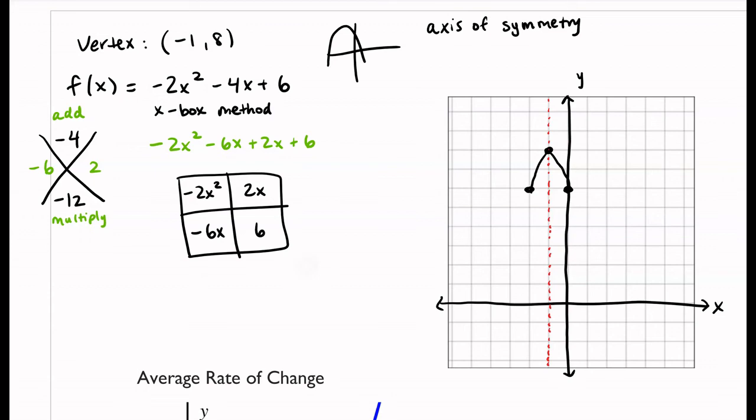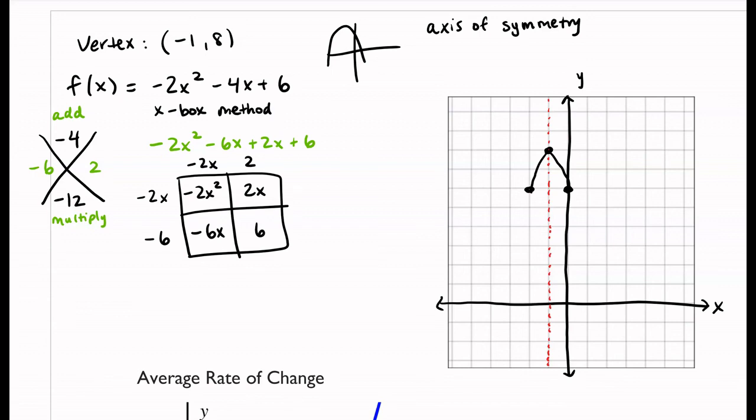So here I can factor out a negative 6. In the top row, I could factor out a negative 2x. In the first column, I could factor out a negative 2x, and in the last column, I could factor out a 2. So let's go ahead and write that out now.